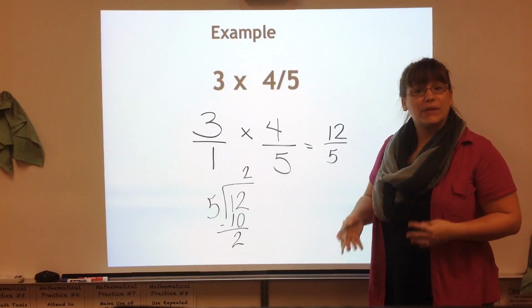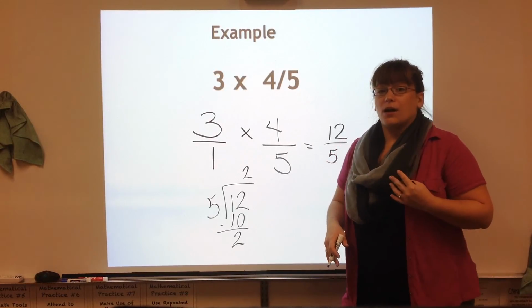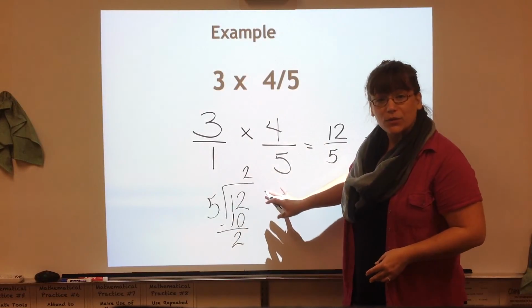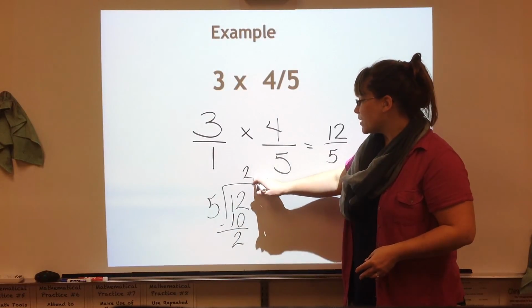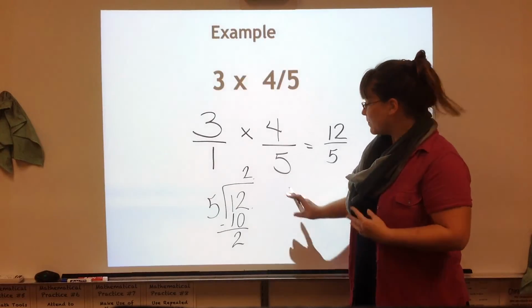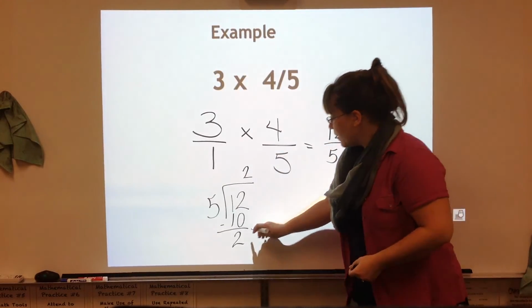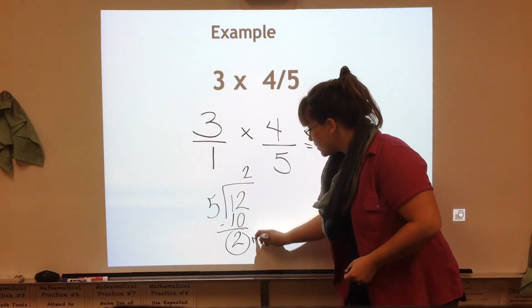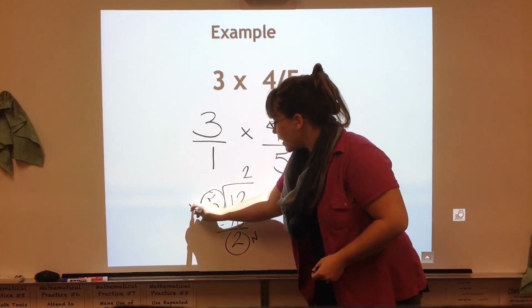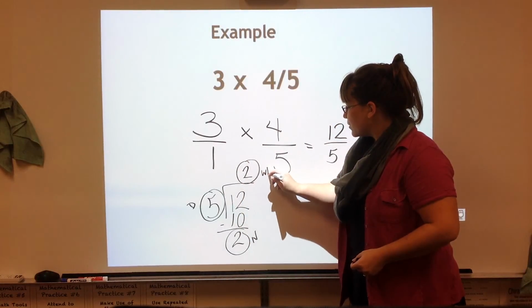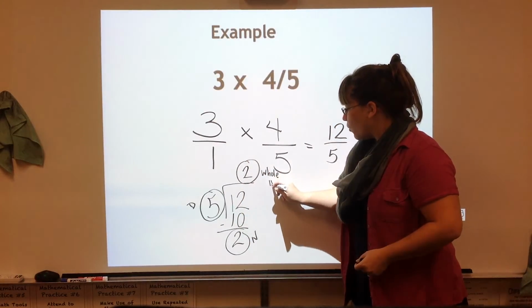I can stop because I want to write this as a mixed number. I could, if I was doing decimal equivalent, put a decimal point here and annex some zeros and keep going. But because we are just needing a mixed number, this 2 is going to be the numerator, this 5 is going to be the denominator, and this 2 is going to be the whole number.